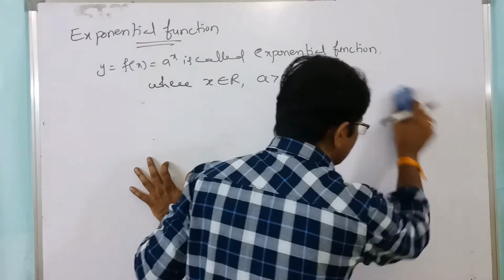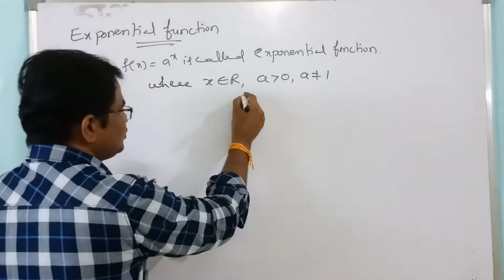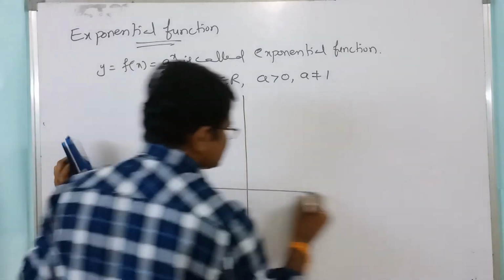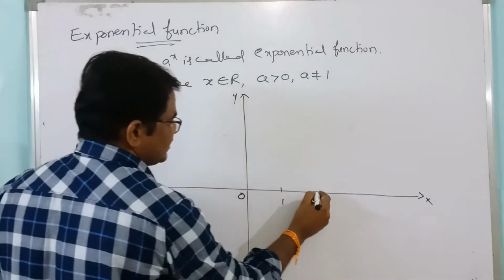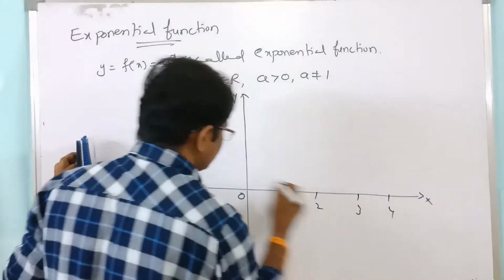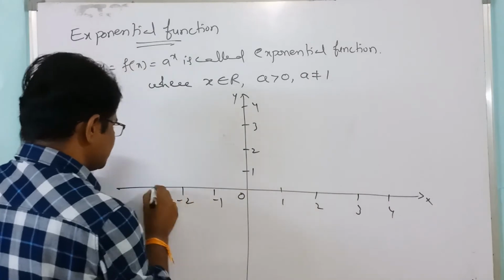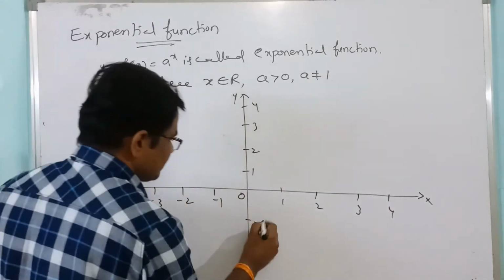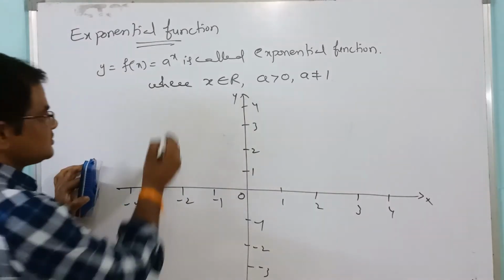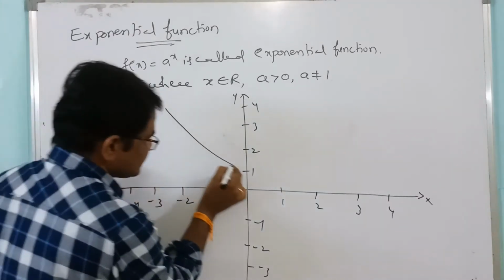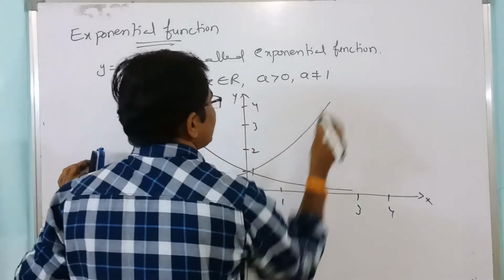If we take these two cases in one graph, this is how to draw the graph. You will get it like this. That is 0, 1, 2, 3, 4, and minus 1, minus 2, minus 3, minus 4 on both axes. So the graphs are like this.